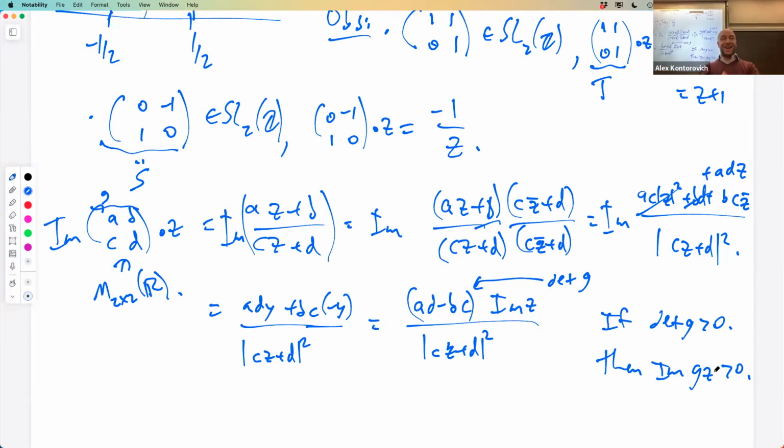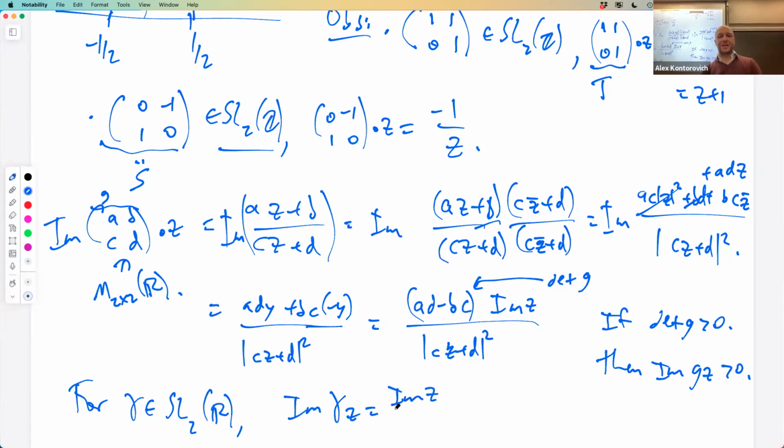We should have checked that SL2Z sends things in the upper half plane to the upper half plane, and it does because all of the determinants are in fact 1. Not only are they positive, but they're 1. So for gamma in SL2, in fact R, not even Z, the imaginary part of gamma Z is equal to 1 times the imaginary part of Z divided by this factor, this cocycle, |CZ plus D| squared.